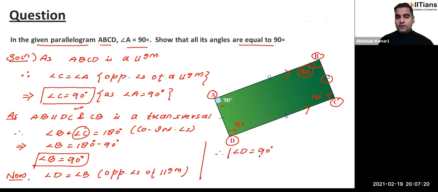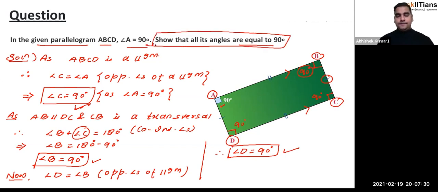So we have shown angle C is 90 degrees, angle B is 90 degrees, angle D is 90 degrees, and that's exactly what we were supposed to show in this problem. Please go through it. Ask me if you have any doubt before we discuss one more problem.